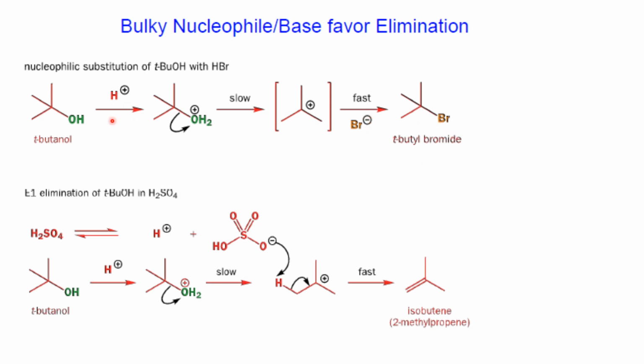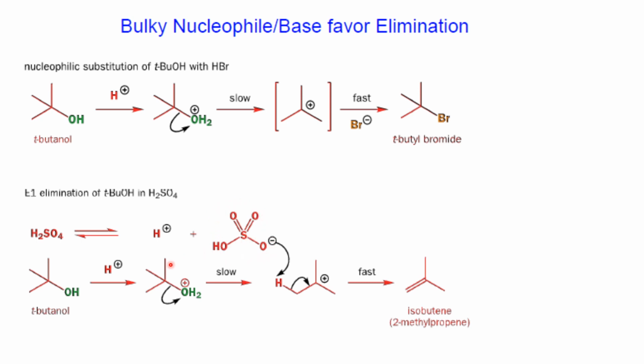Now, if you carry out the same type of reaction with the same substrate, again you are considering the tertiary butanol. But this time, instead of HBr, you are having H2SO4. H2SO4 is also an acid, and it will be ionizing to form H plus and HSO4 minus. Okay, this is the structure of HSO4 minus.